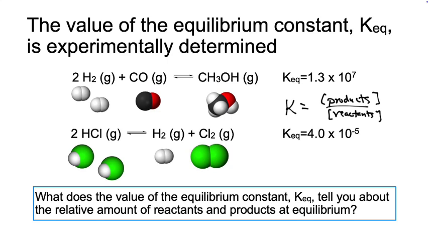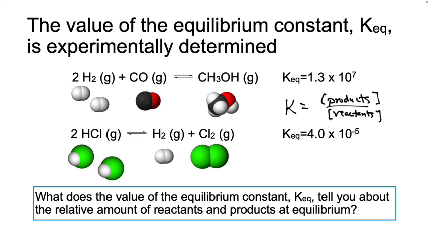So for it to be really big, which of these terms is bigger, products or reactants? The products have to be bigger. So if I see a large K value, that means I get lots of products. That means the forward reaction is spontaneous.